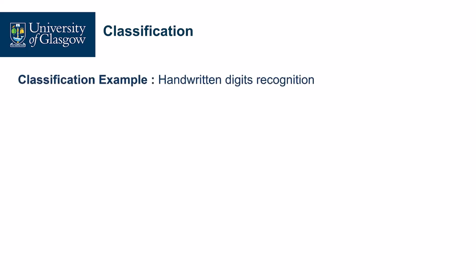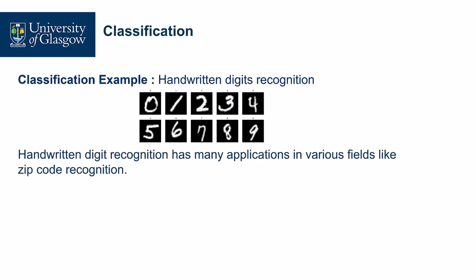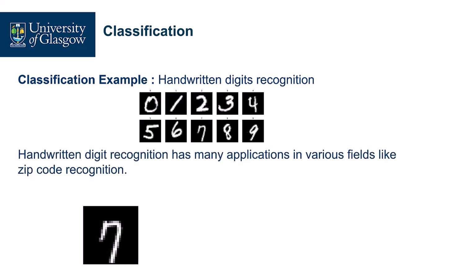So we call them classification. Let's take a widely used example, handwritten digits recognition. We often write, for example, the zip code by hand, and the system needs to automatically recognize what we have written and then send it through the post system. We first provide a handwritten 7, and then there is a trained machine learning model to do this task.